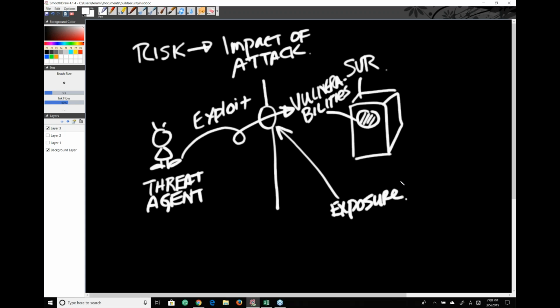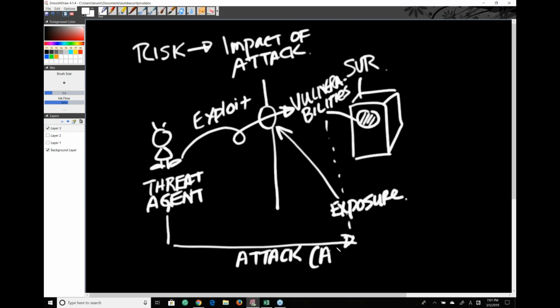If you have a vulnerability in your front end portal, the attacker can attack the database through it. It's not a direct exposure, but it's an indirect exposure. You take this whole thing, from the threat agent all the way up to the vulnerabilities, and that is considered the attack. Sometimes they call that the attack vector.